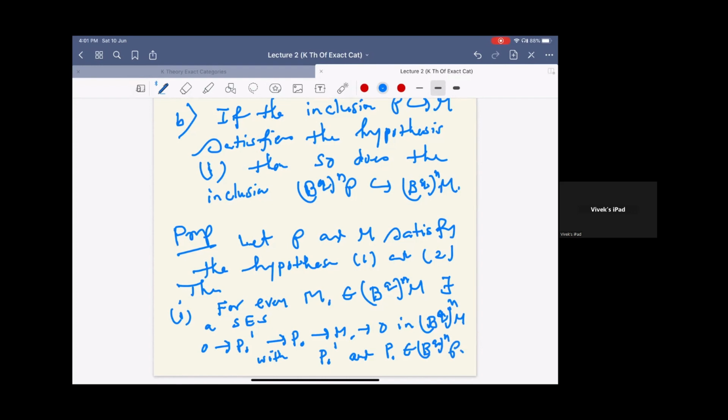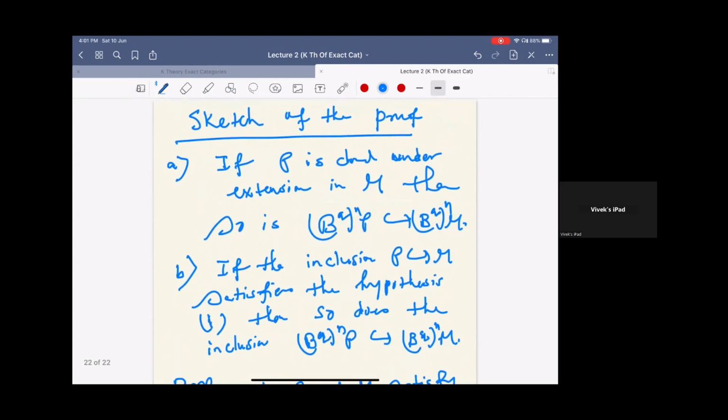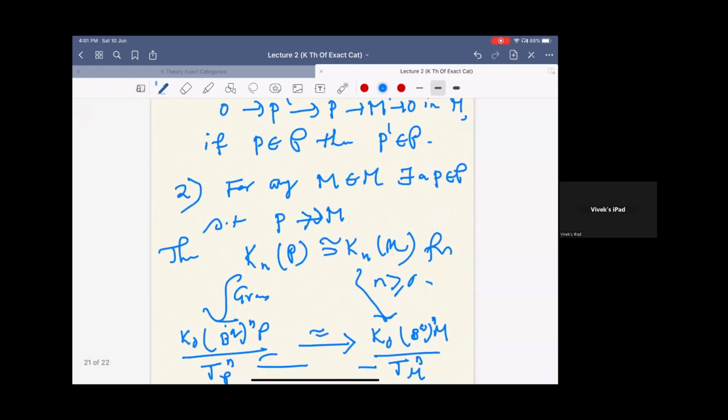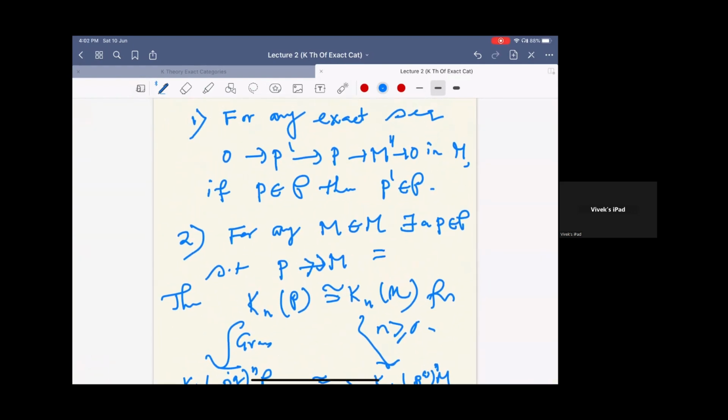Okay, so that is the second property. You can remember that: for every object of M, there is a finite positive resolution. That is the second property. Basically, this verifies the second part of the second hypothesis at the level of binary complexes.